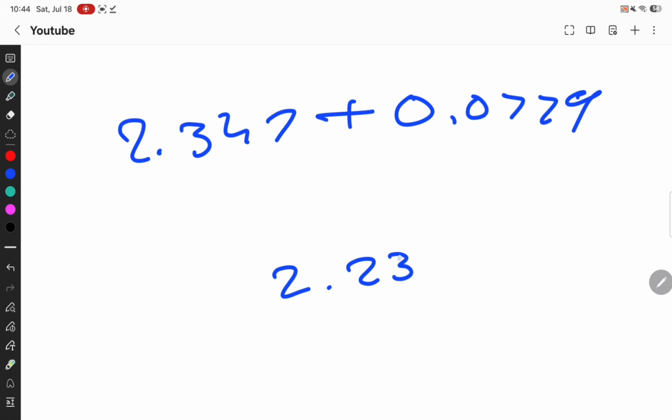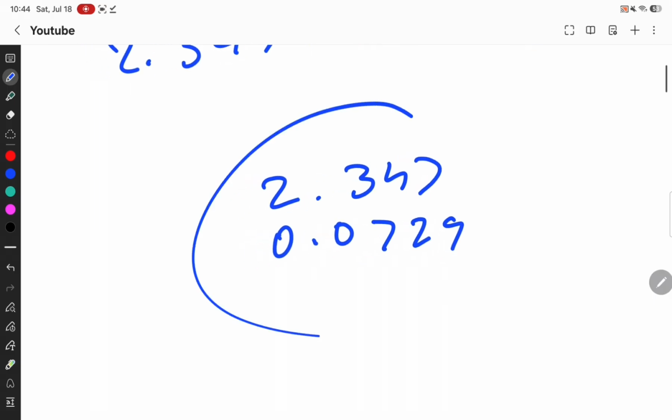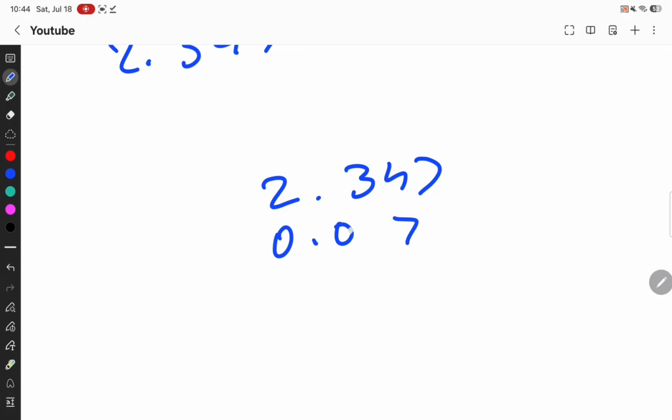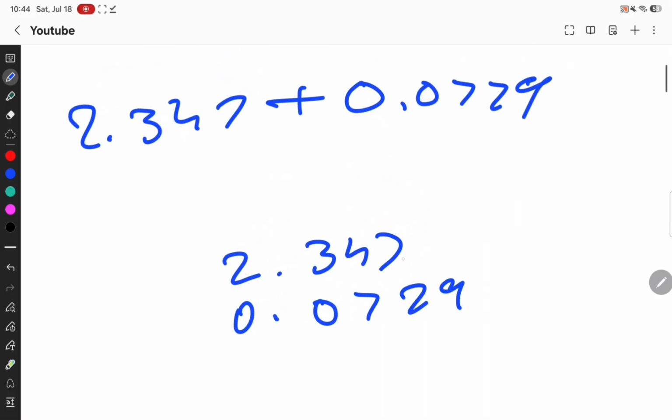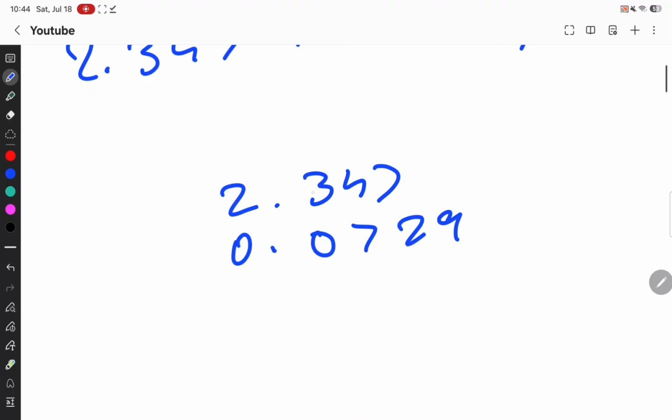Now you can see my decimal places are not aligned properly. So when you are setting up a decimal addition, please have your numbers in proper columns, so that you do not get lost in what you are doing.